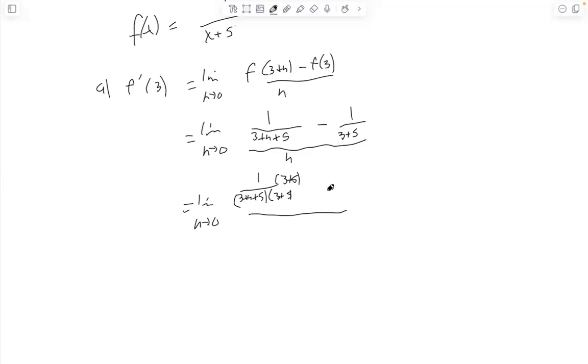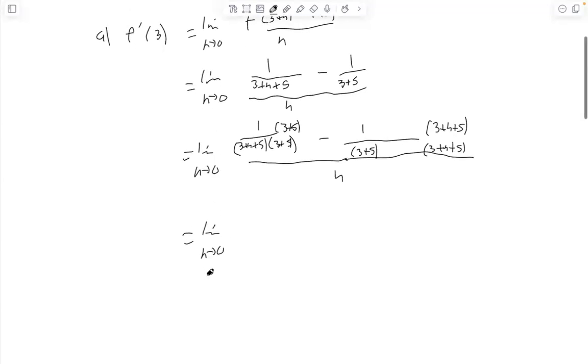Oops, sorry, that's a minus. And then this guy, we're going to multiply top and bottom by that other denominator. In parentheses, you do need these parentheses here. And again, that's still all over h. And we're going to write limit as h goes to 0 all the way down.